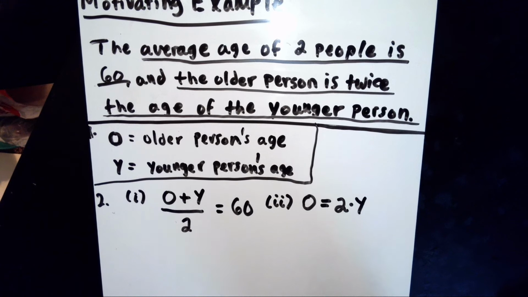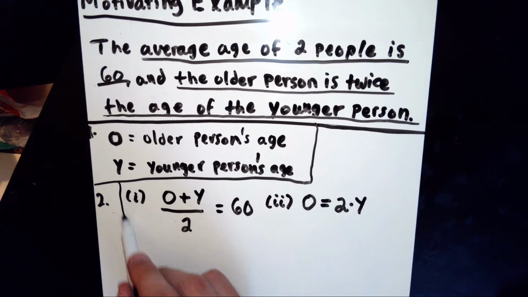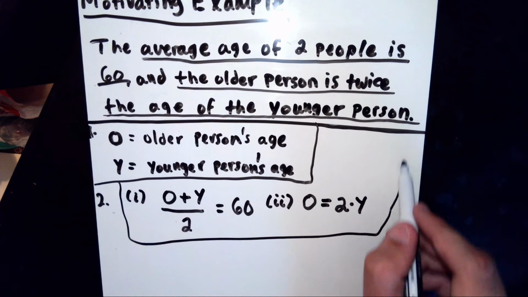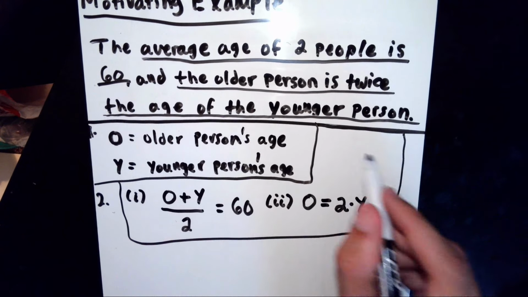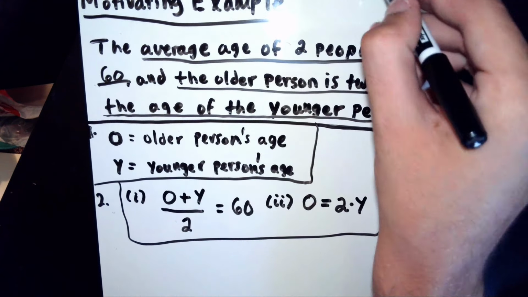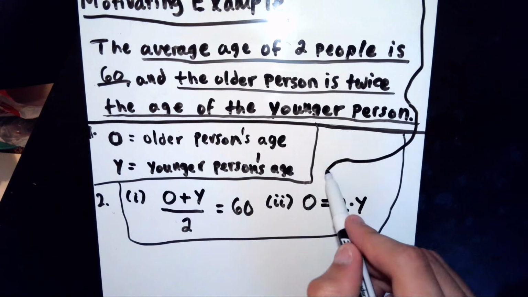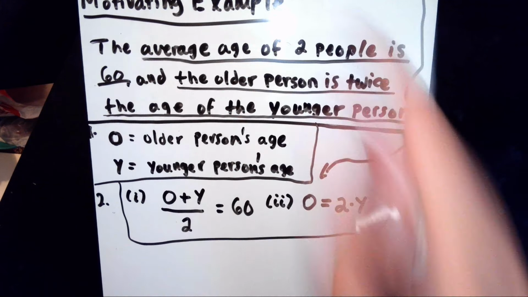Okay, now we notice what we have. We have two equations that both must be true in order to solve this problem. So this right here is our system of equations with two variables.